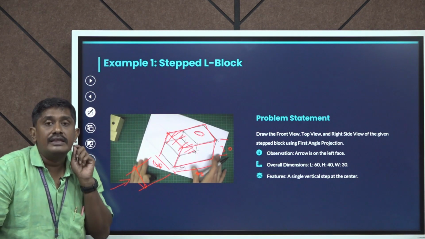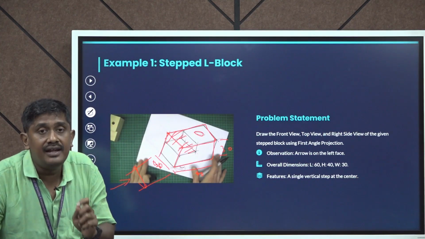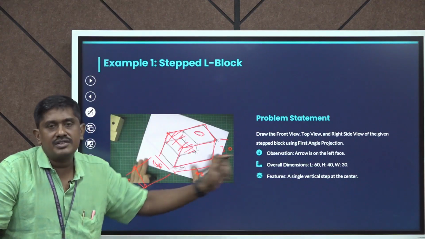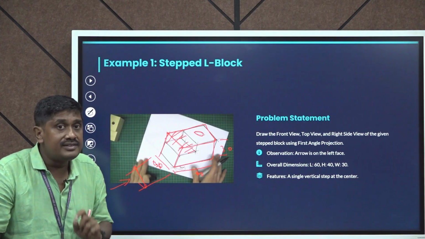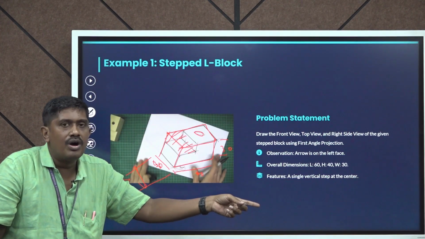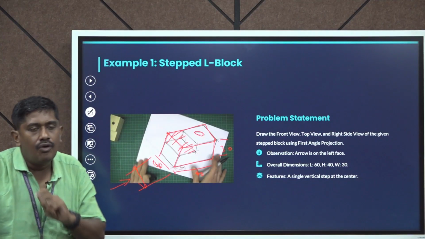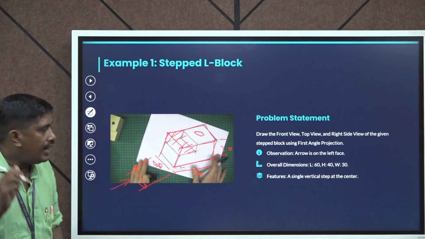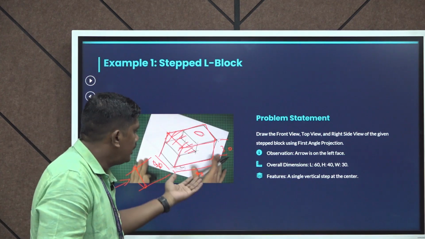I already told you that the analysis view is more important than the box type view. Going directly to the box view without analyzing is highly not recommended. So this is the front view, and based on that we will create the object.